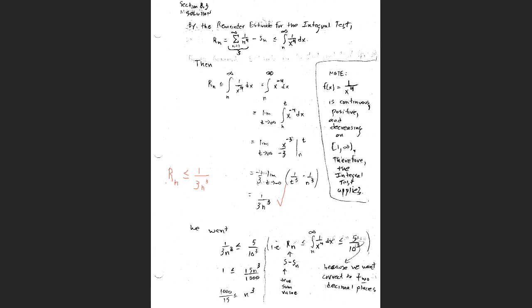So the error in approximating the series, n from 1 to infinity of 1 over n to the 4th power, by adding the first n terms, that remainder, R sub n, is less than or equal to 1 over 3n cubed. So far, are there any questions?